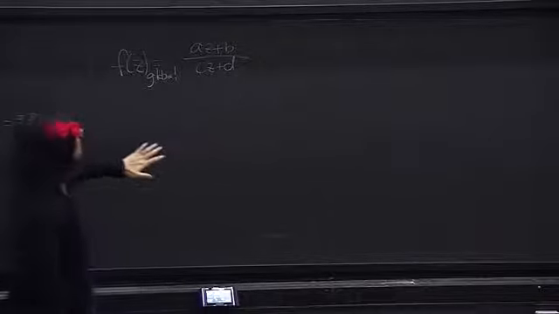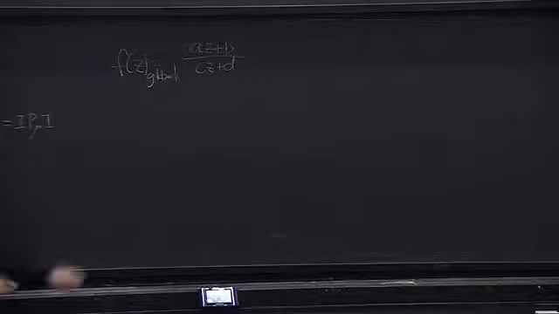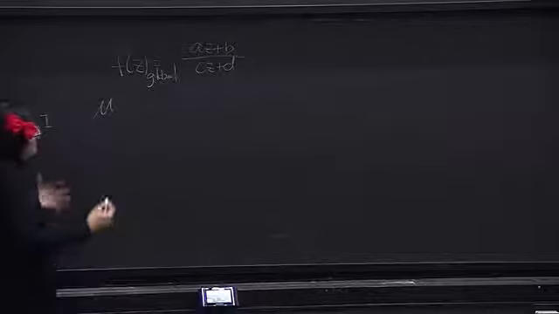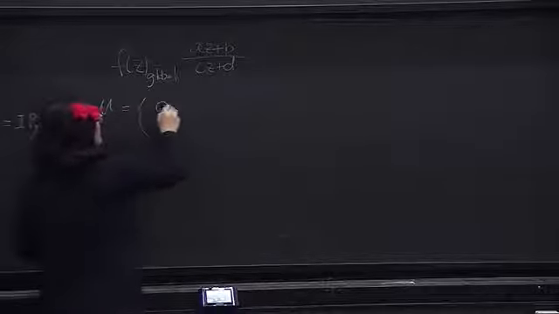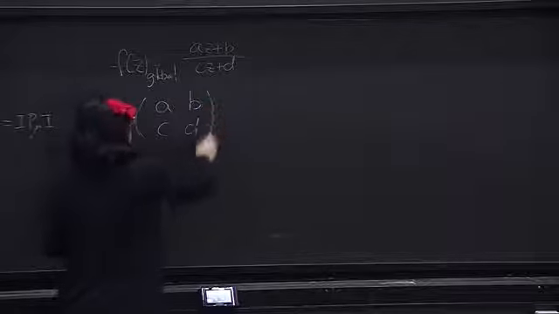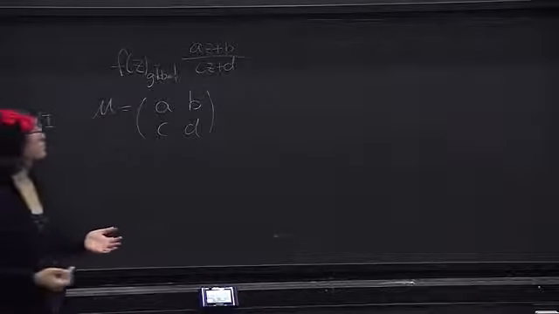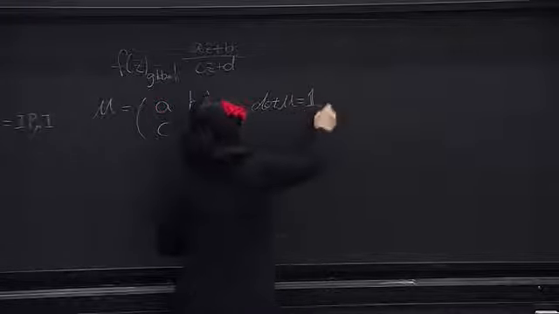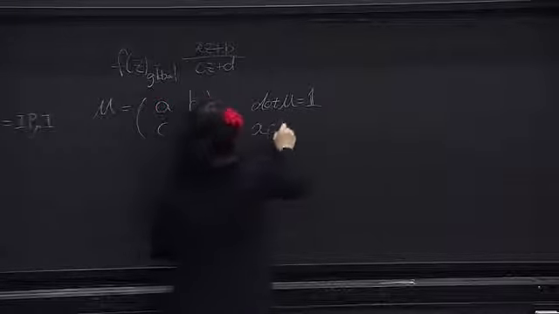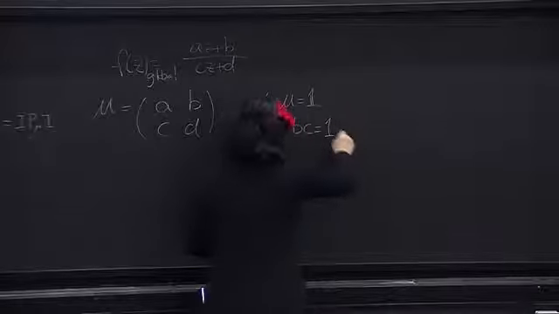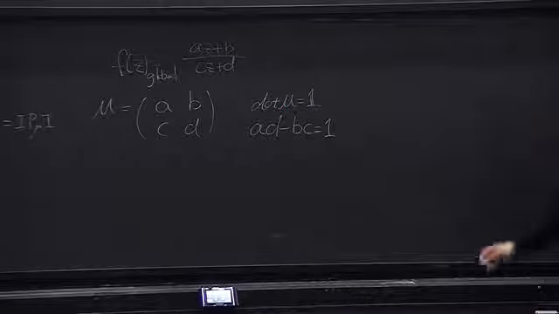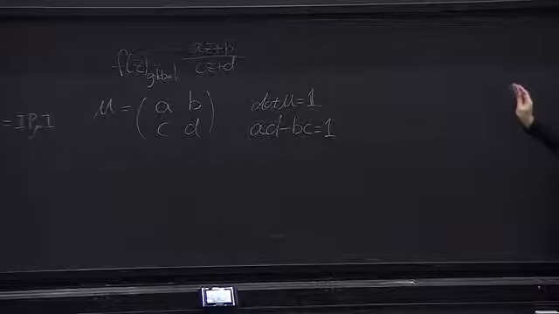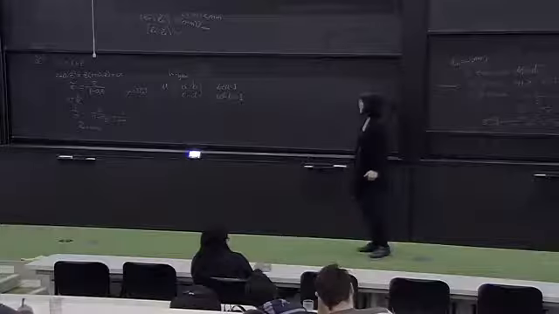Or the other way of saying it is, there are 4 numbers, and it's not a leap to say they form a 2 by 2 matrix. The nice thing to demand is that the determinant is 1, so that you can't freely rescale them. So now we go from 4 complex numbers down to 3. The number of real parameters matches, and we're very happy.